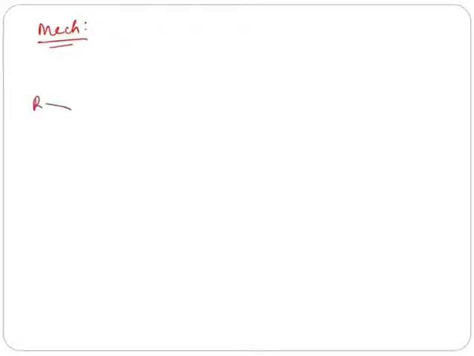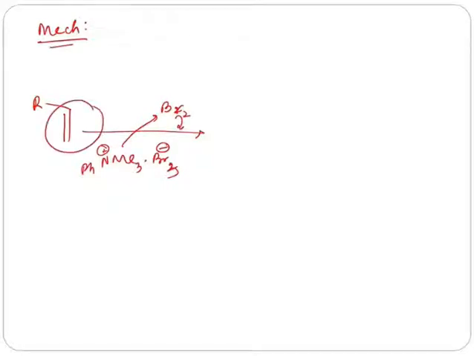Let's take an olefin. This is our olefin. Now, this tertiary ammonium salt will produce bromine in the reaction mixture that forms bromonium ion with olefin.